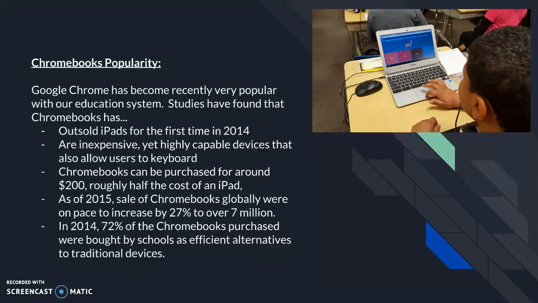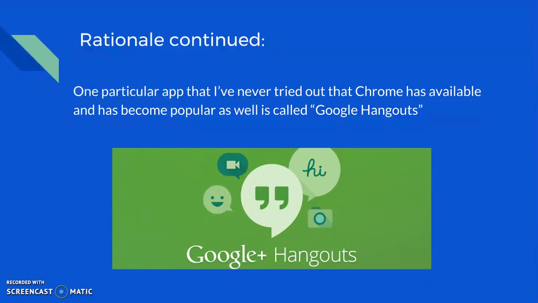Chromebooks' popularity: Google Chromebooks have become very popular recently in our education system. Studies have found that Chromebooks outsold iPads for the first time in 2014. Chromebooks are inexpensive yet highly compatible devices that also allow users to use the keyboard.